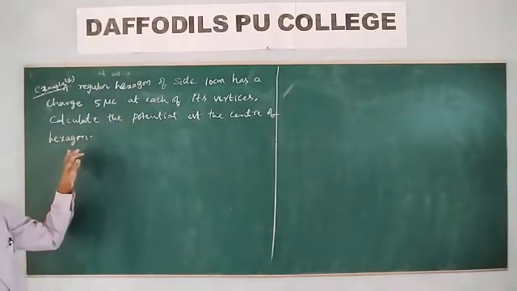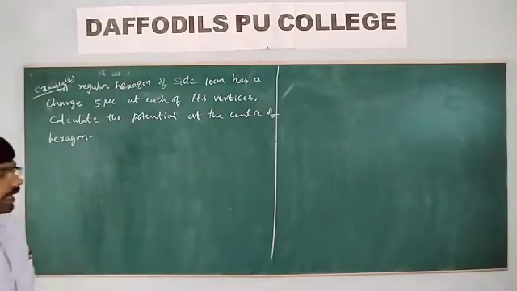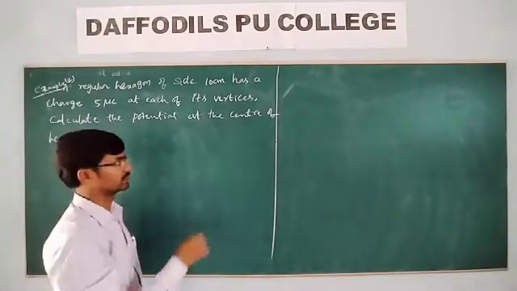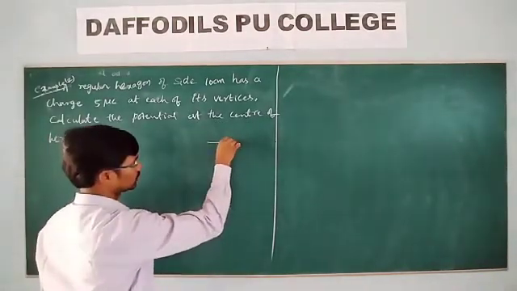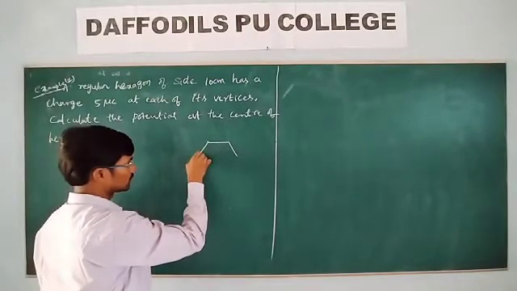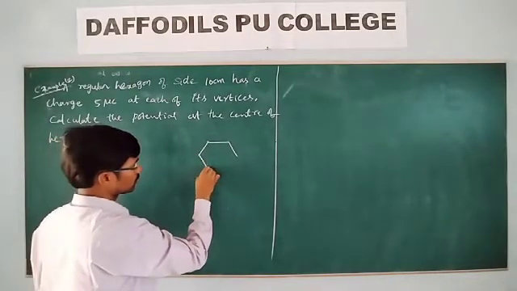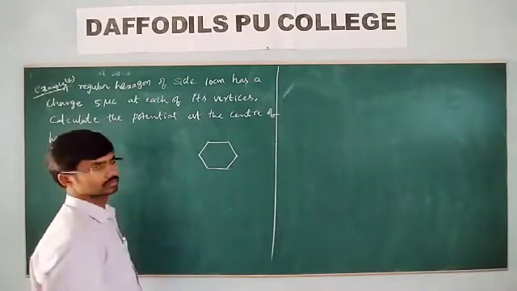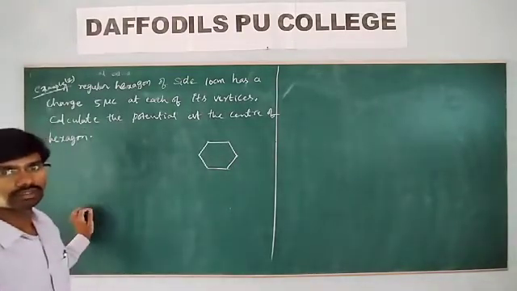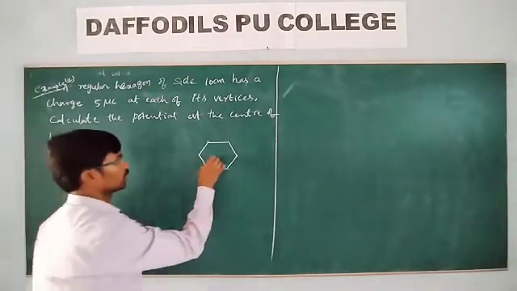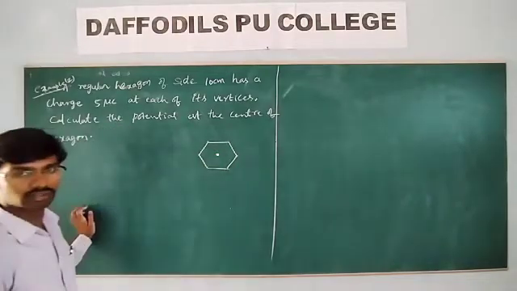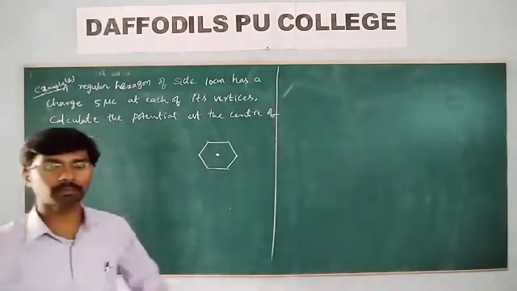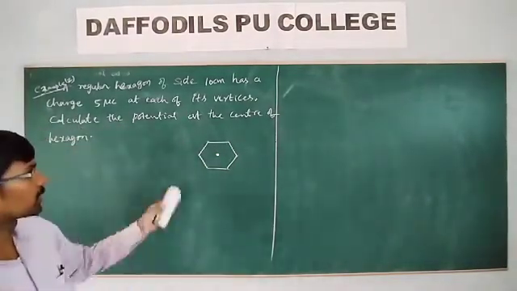Calculate the potential at the center of the hexagon. Hexagon means how many sides? 6 sides: 1, 2, 3, 4, 5, 6. Now, at the center of the hexagon, we need to calculate the electric potential.